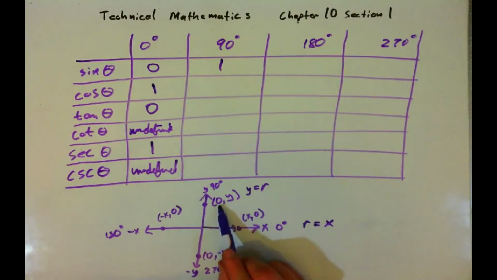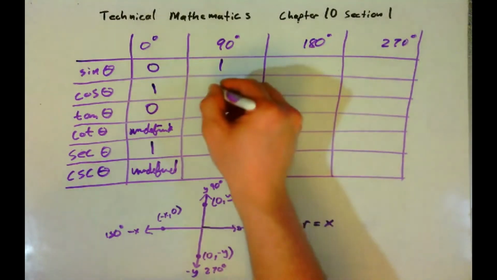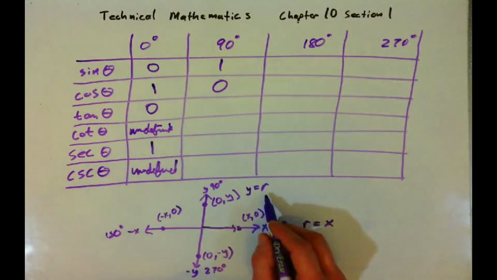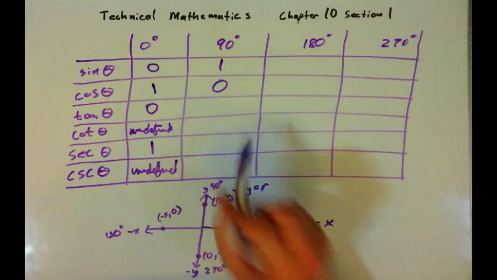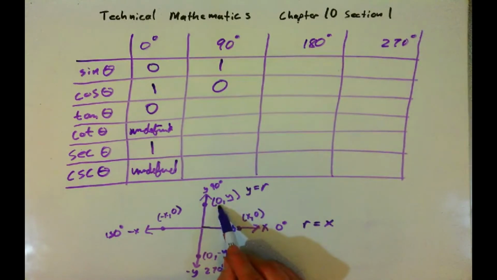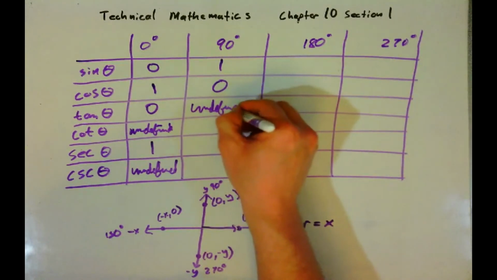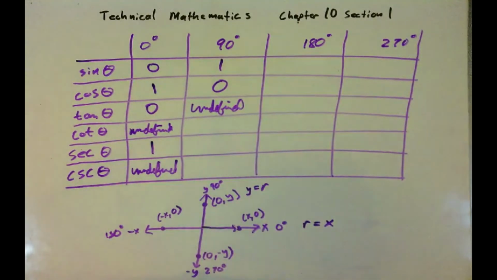The cosine is the x value divided by the hypotenuse. So 0 divided by a positive hypotenuse is going to be 0. Hypotenuse is always positive. And the tangent is the opposite, which is some positive y value, divided by the adjacent, which happens to be 0. And so if we divide some positive value by 0, we get undefined. So the tangent of 90 degrees is undefined.